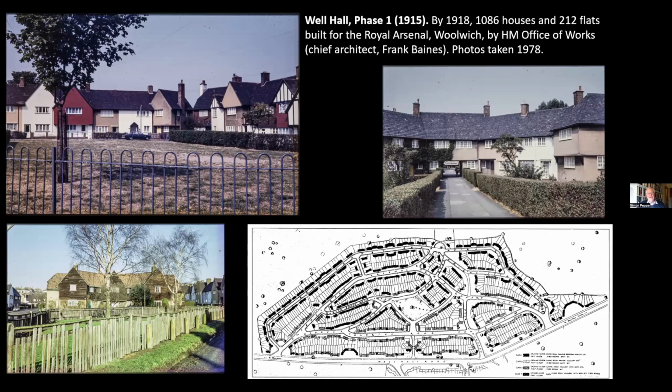The first houses were occupied within weeks of starting work, and by the end of the war, over 1,000 were in place. You should be seeing the statistics in the top right-hand corner of the screen. It was put together by a team from His Majesty's Office of Works, the body that built police stations, government offices and things like that.